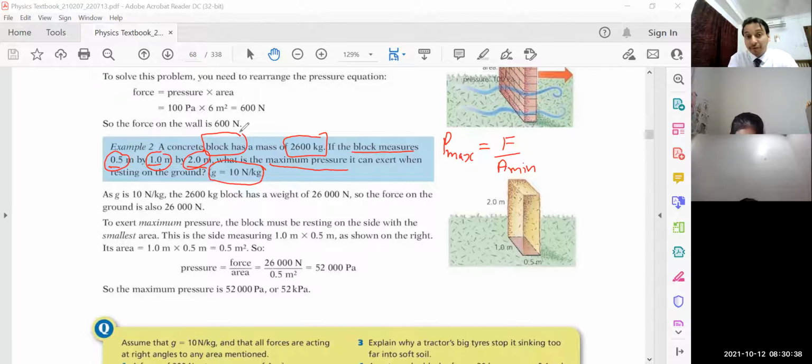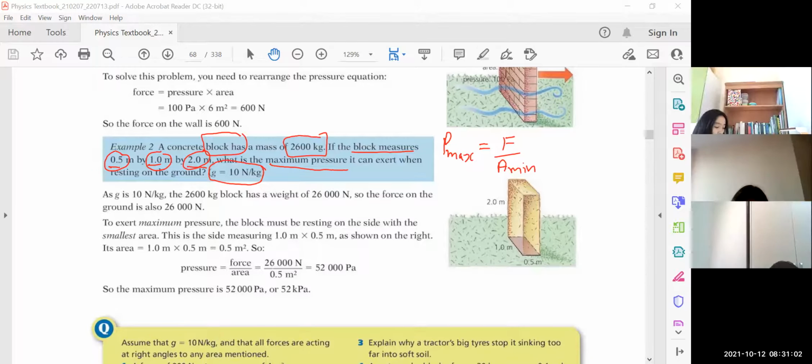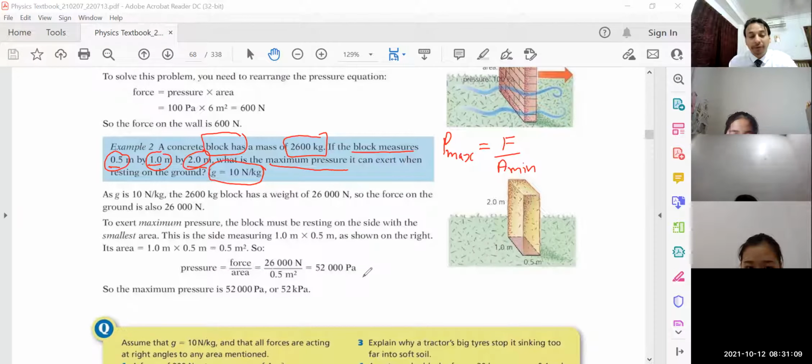Now, children, please take some time. Think about this situation. What is the valid way you can keep this block so that the area should be minimum? Any one of you, please? Jennifer? Yes, sir. I know the answer, in what way you should place the block so that the area will be minimum.